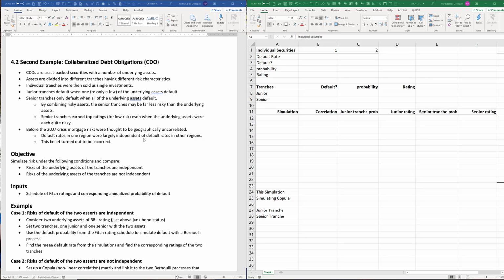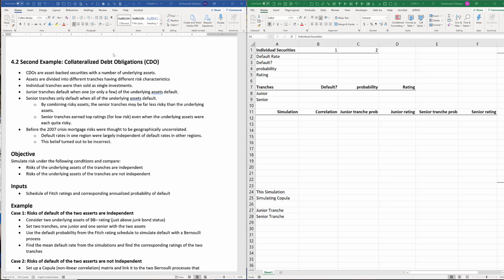The same two assets are sold as a senior tranche, which will default only if both of the underlying assets default.